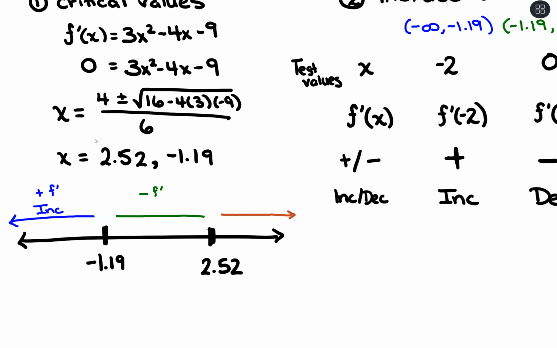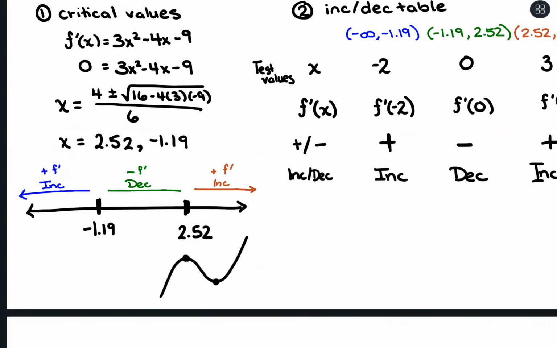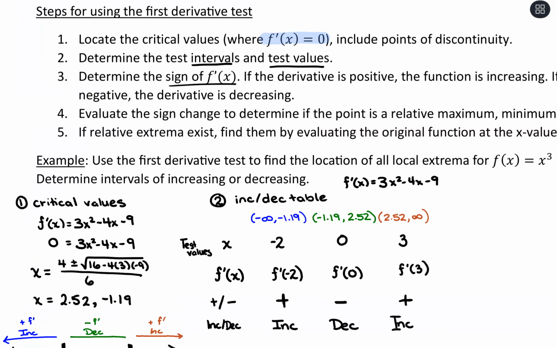When we have a negative first derivative, that means this interval's decreasing. And then for our last one, we saw a positive first derivative, which meant this was increasing. So the little sketch I drew seemed to make sense where we're going up, and then we're going to switch to decreasing, and then we're going to be going up. And then we even know where those turning points are occurring. And those are our relative extrema right there.